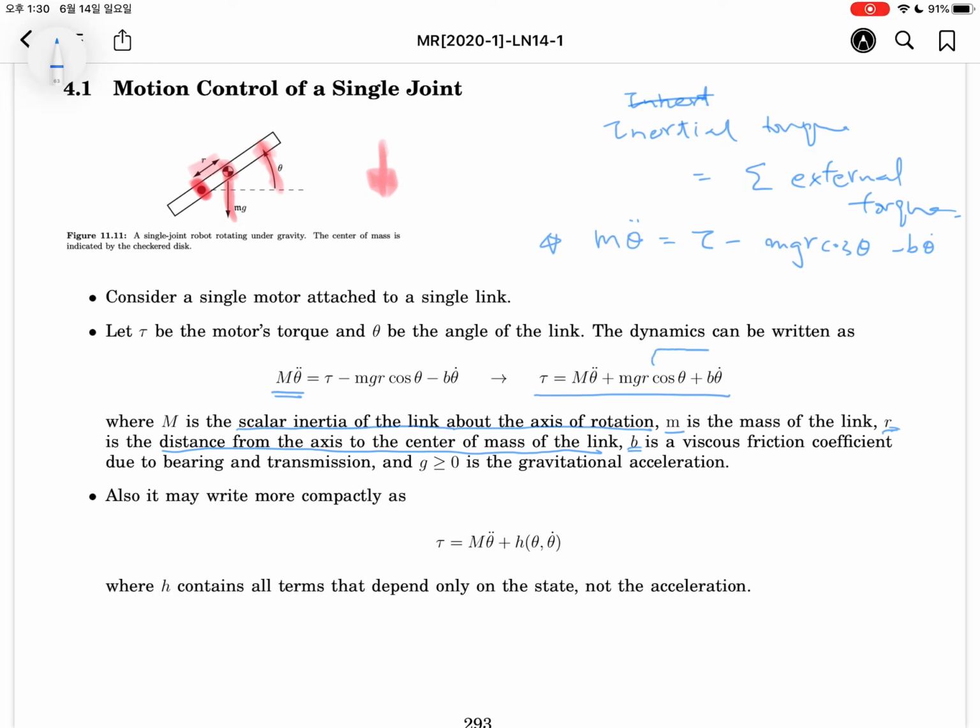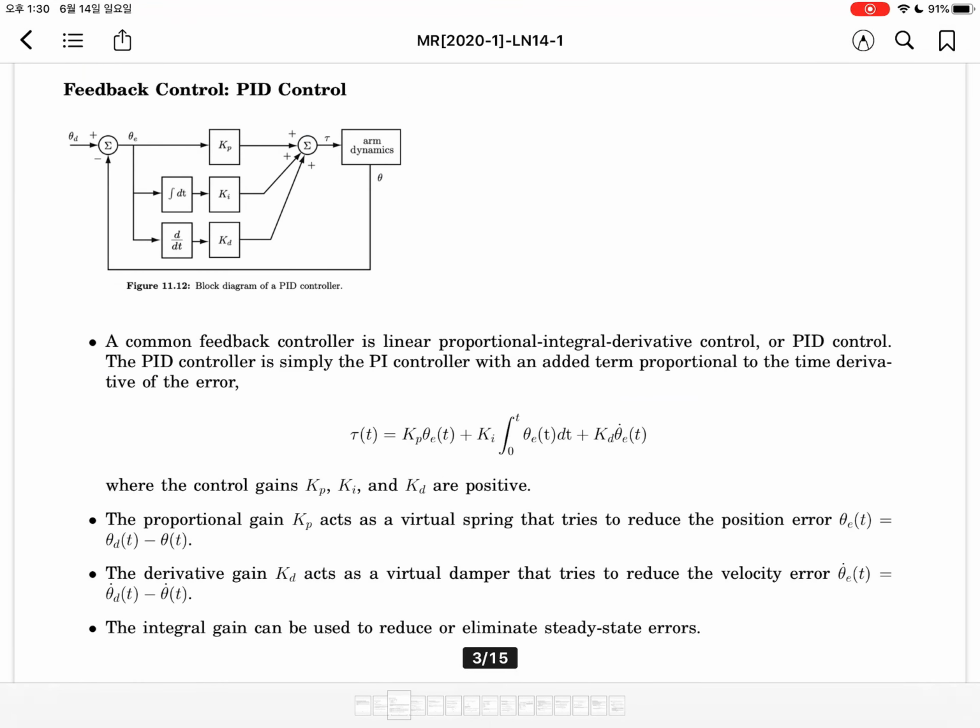By combining these two terms, denoted by H, this is actually the generalized equation form for the robot system. I will use it to develop the control. Okay, feedback control, PID. Here the robot arm dynamics is here.